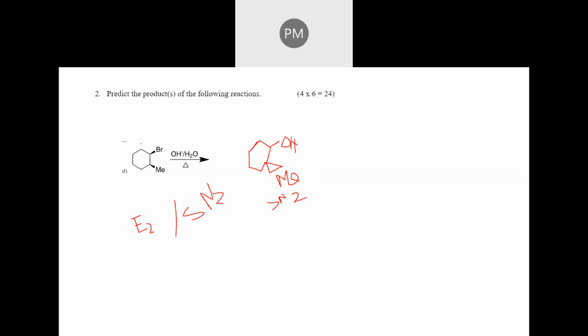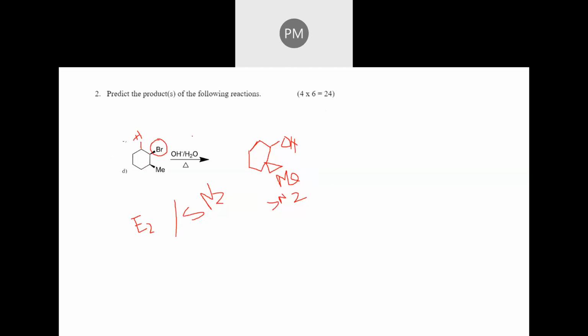So our hydrogen will be anti-periplanar to the bromide. Bromide is our leaving group. So our hydrogen will be below the plane, anti-periplanar. So the E2 product will be like this.